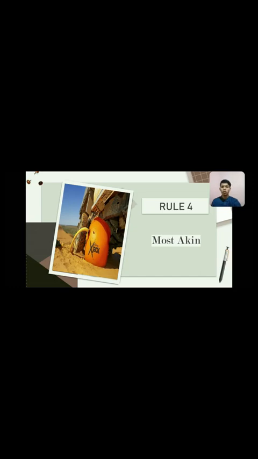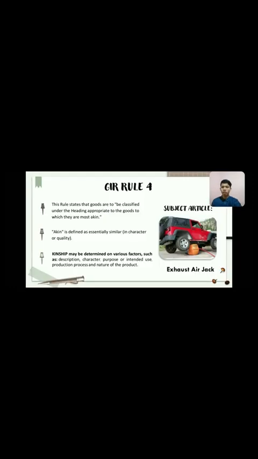Rule 4. Most akin. GIR Rule 4 states that goods are to be classified under the heading appropriate to the goods to which they are most akin. Akin is defined as essentially similar in character or quality.